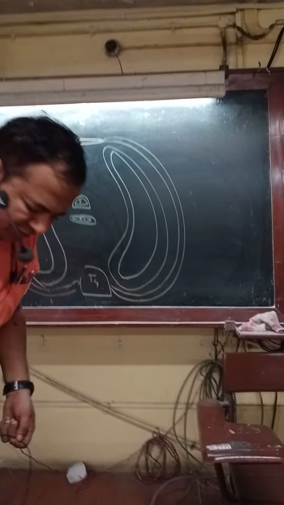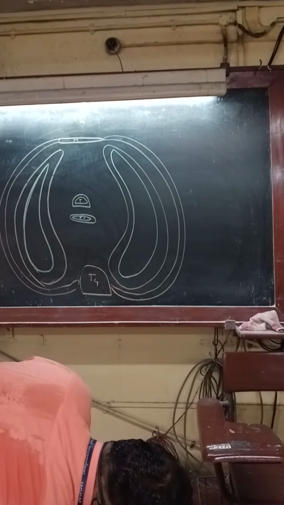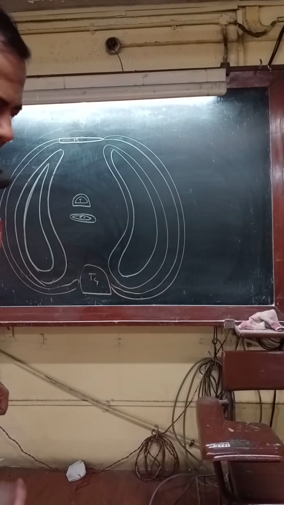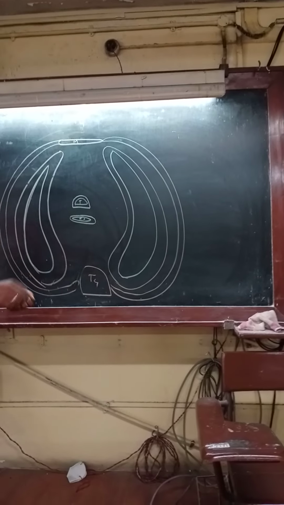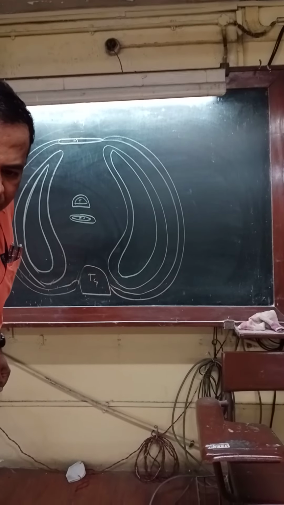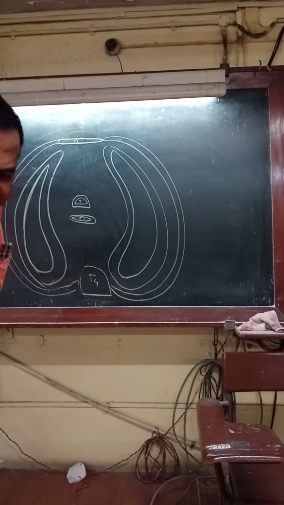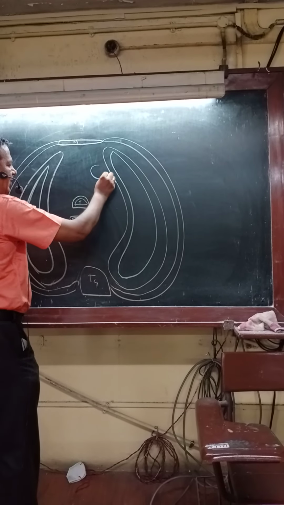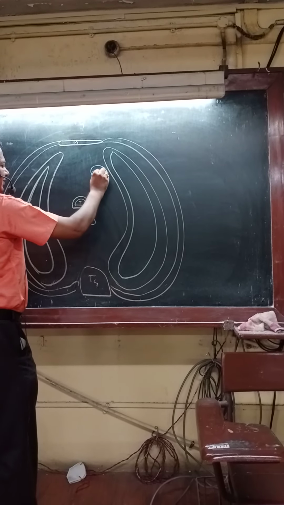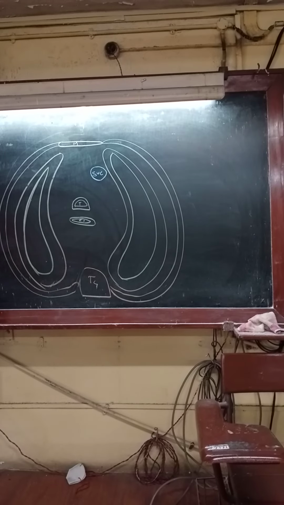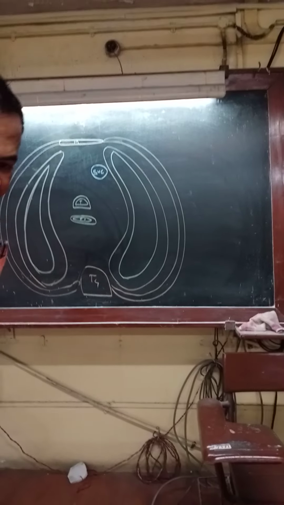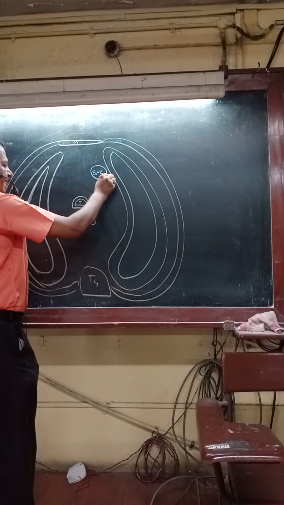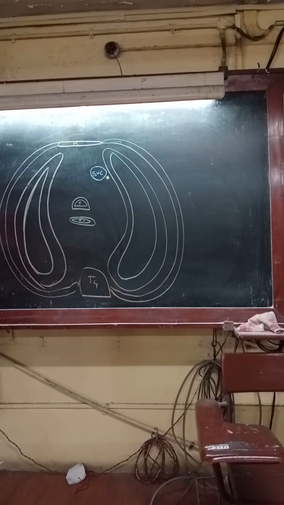So the main thing which we see at this level, we will be seeing the SVC as we saw at the level of T5. And then there will be the right phrenic nerve.